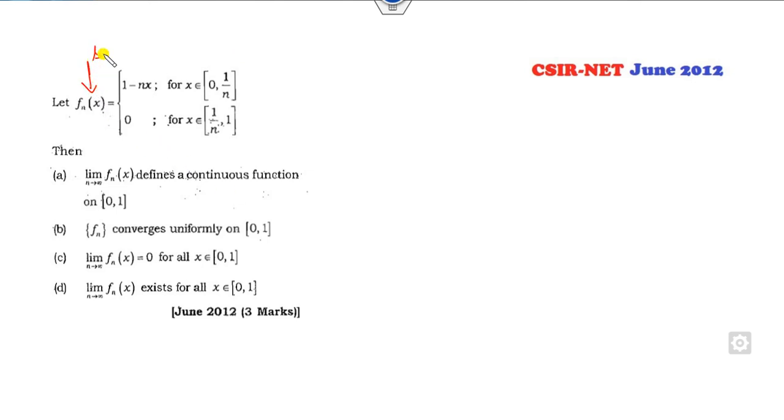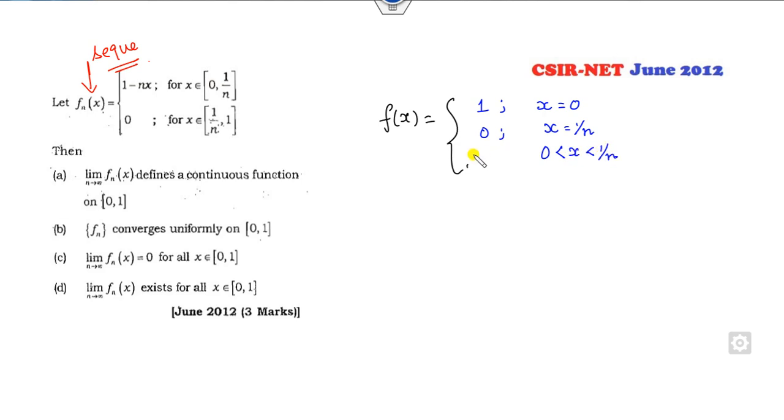Again, you can see this is a sequence. Fine. So your target is to first find the value of f(x). What is the value of f(x)? When x is equal to 0, the answer is 1. When x is equal to 1 by n, the answer will be 0. Whenever x lies between 0 and 1 by n, the limit is again 0. Whenever x lies in this range, the answer is again 0.